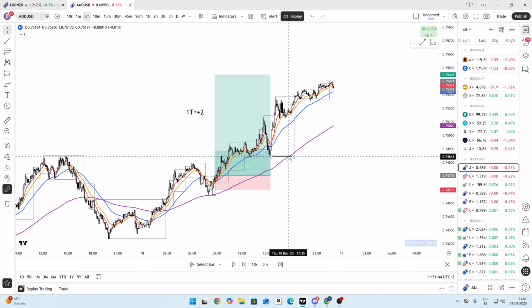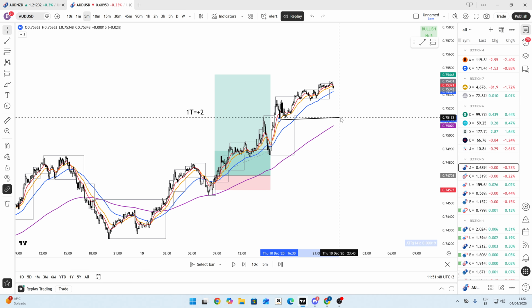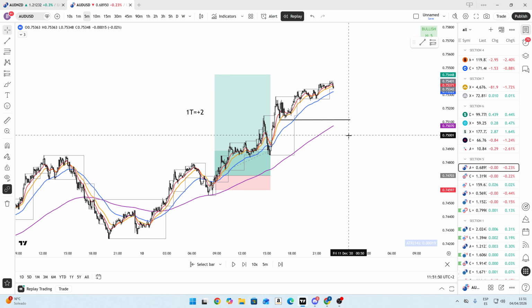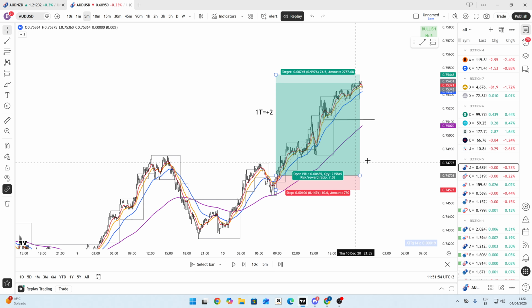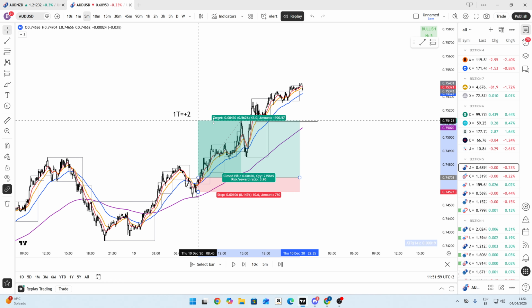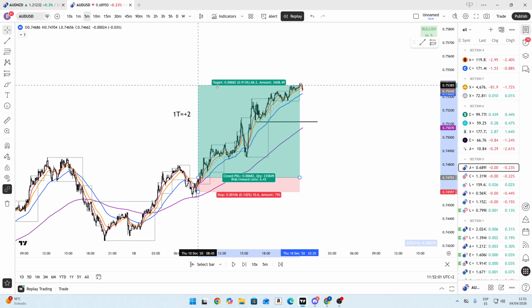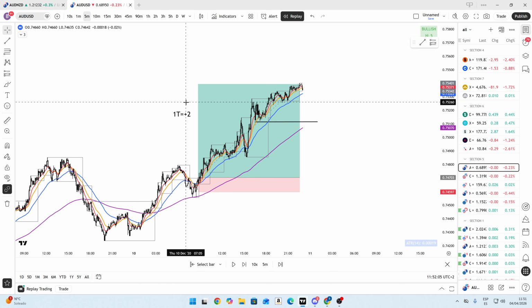Okay, at this point I like to move this right here. Why? Because for me, price has created tons and tons of moves to the upside, so I'd like to move it and secure more profit, which is at around 3.94. Actually, I didn't mention how much I took here. I took just 50% of my trade, right?